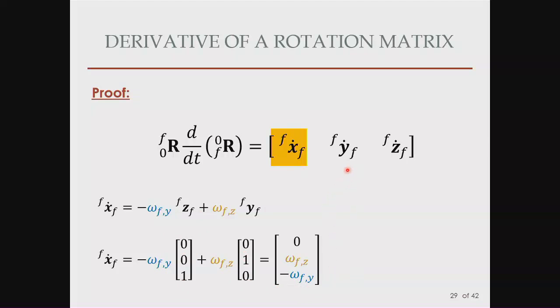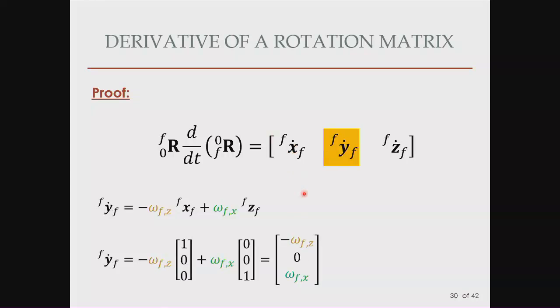Similarly for y, so essentially I'm going to substitute this into here. Now we are far away from dynamics. We are deep into algebra. But be patient. We will use the end result very, very frequently.